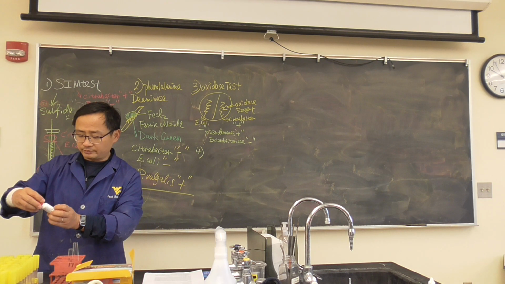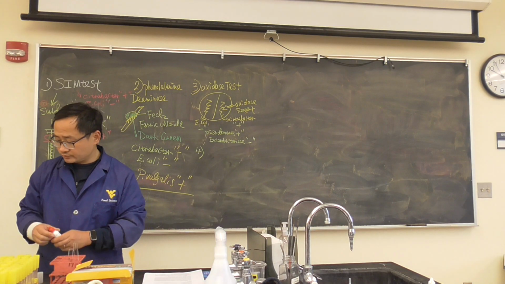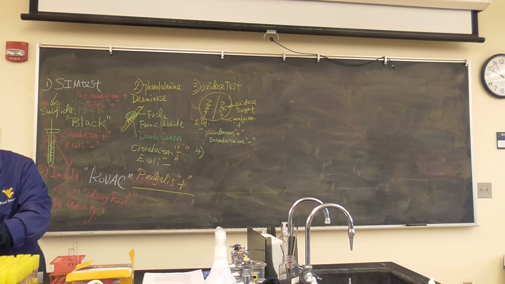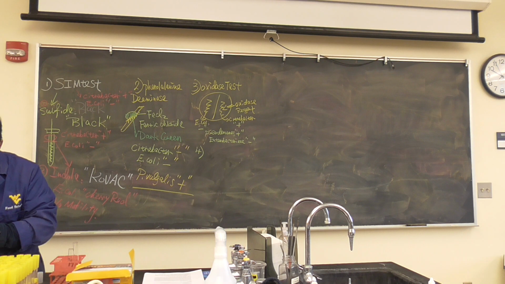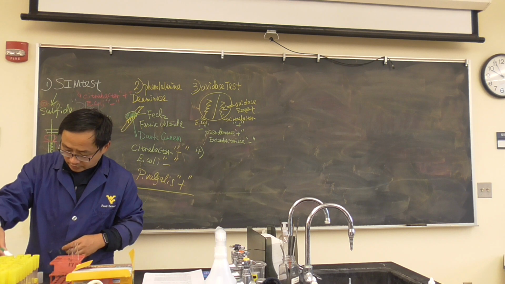So let's have a methyl red. So we need to find which one has a methyl red. Find the tube that has methyl red. That's oxidase. We should have... let me see whether this one still has methyl red.